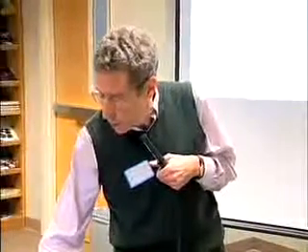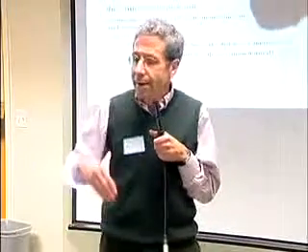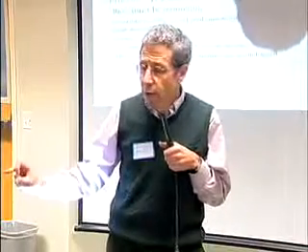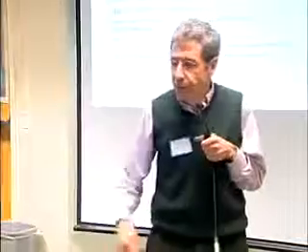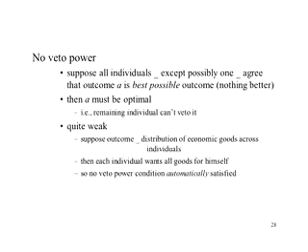Now, as I said, implementability is not guaranteed by monotonicity, but it's almost guaranteed. There's another fairly mild, or I'll argue that it's quite mild in many cases, condition that we can add on to guarantee implementability, and that's no veto power.